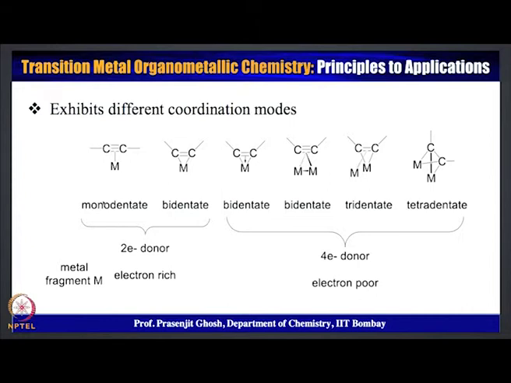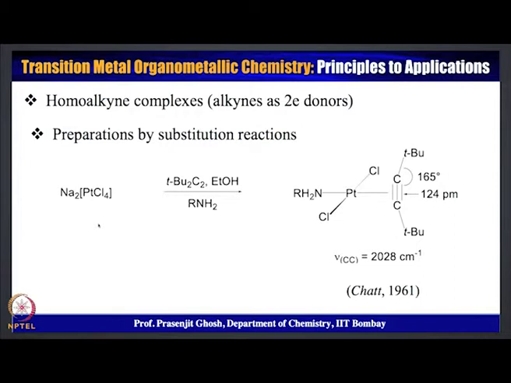How does it bind in a side on fashion? It can be monodentate, bidentate. It has different modes of coordination to the metal. It can bind to a single metal, double metal or a triple metal, as well as it can be a 2 electron or 4 electron donor, depending on whether the metal is an electron rich or an electron deficient center. Now, these being very important compounds in terms of their catalytic utility, and having looked at the rich binding modes that it offers, we are going to look at the preparations of some of these transition metal alkyne complexes.